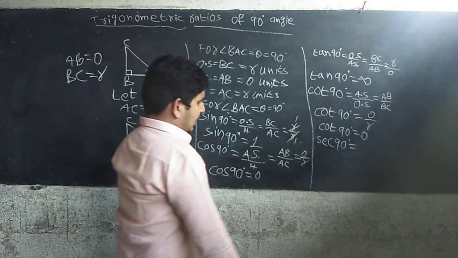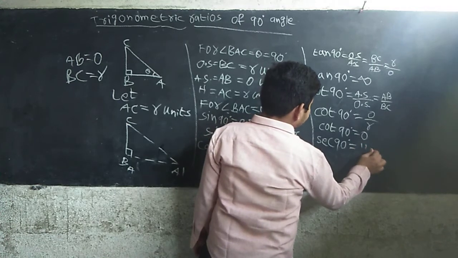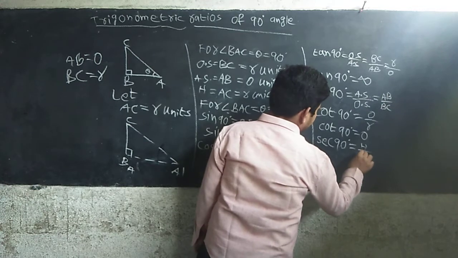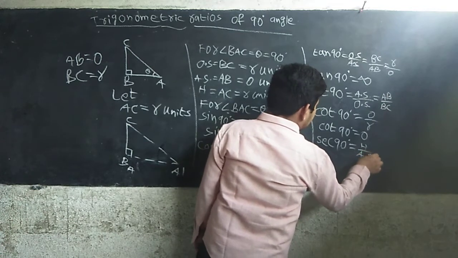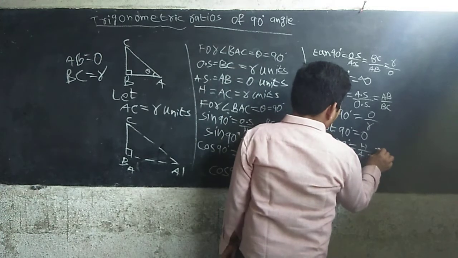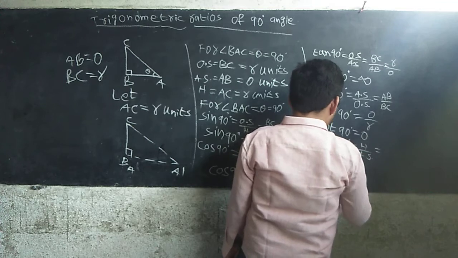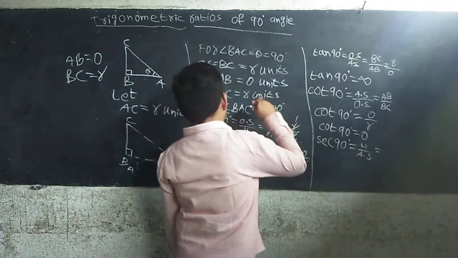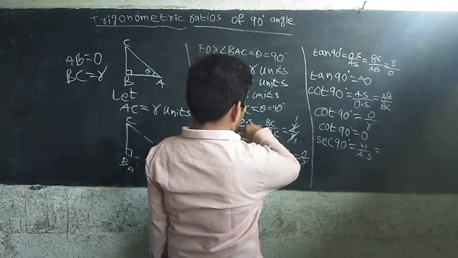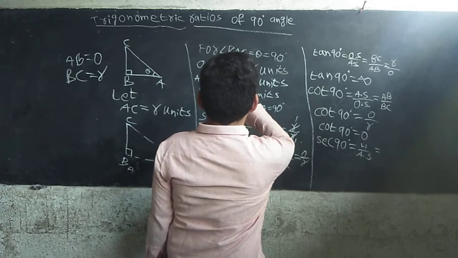Hypotenuse is AC, adjacent side is AB. So AC by AB.